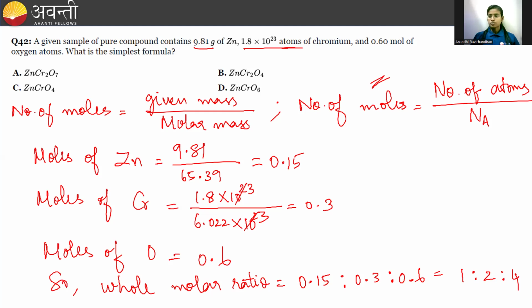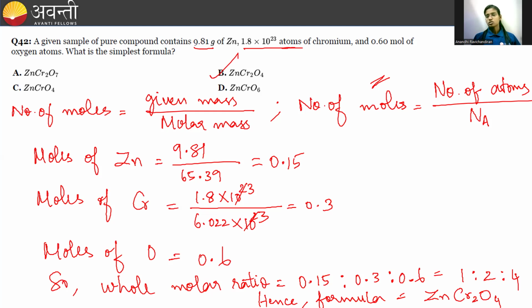Hence the formula has 1 zinc, 2 chromium and 4 oxygen. So the formula is ZnCr2O4. So option B is the correct answer for this question.